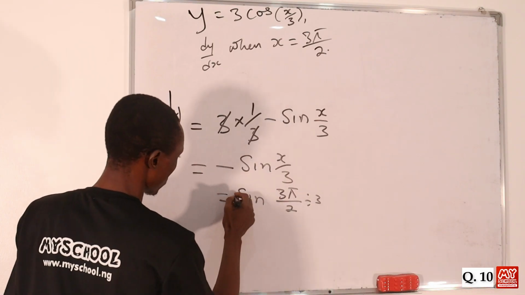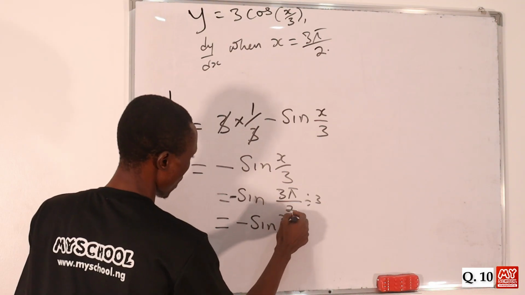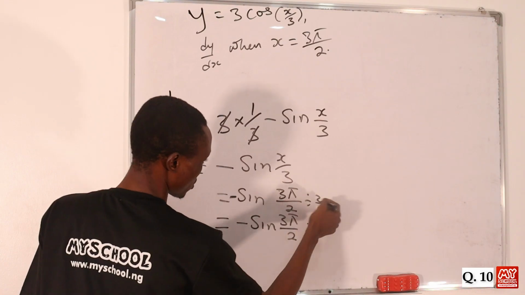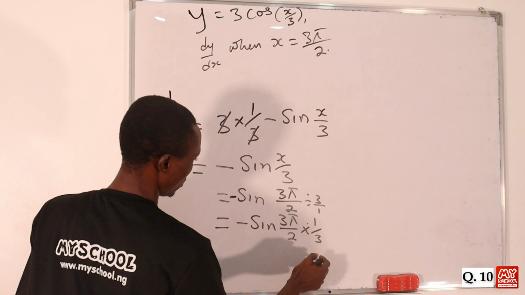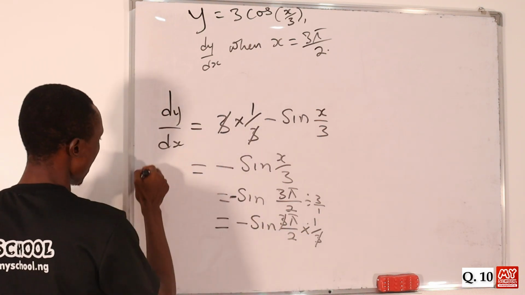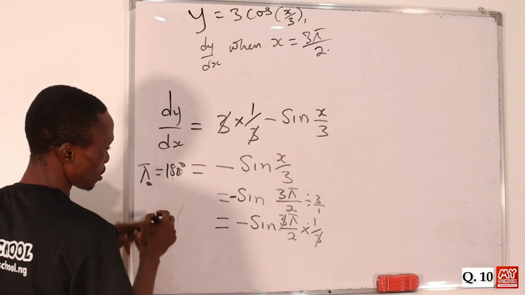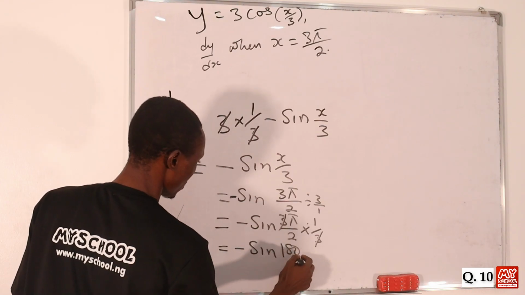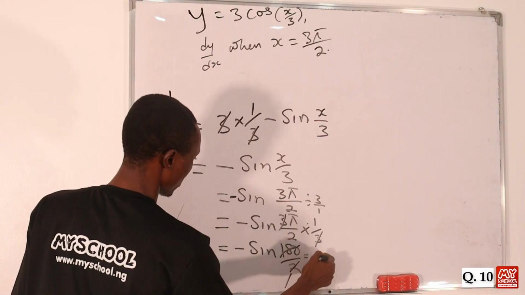So this will be equal to minus sine 3 pi all over 2, then times 1 all over 3, because this is actually over 1. So 3 cancels out 3. Remember that pi is equal to 180 degrees, not 90 degrees. So we'll have minus sine 180 divided by 2. So 2 here is 1 and 2 here is going to give us 90.